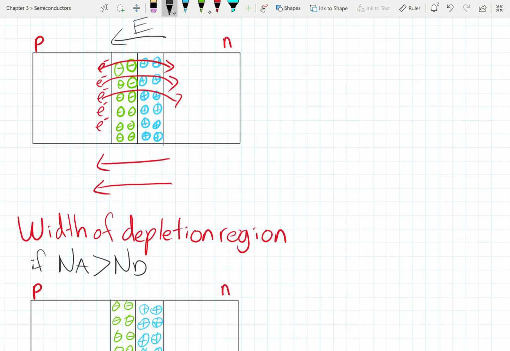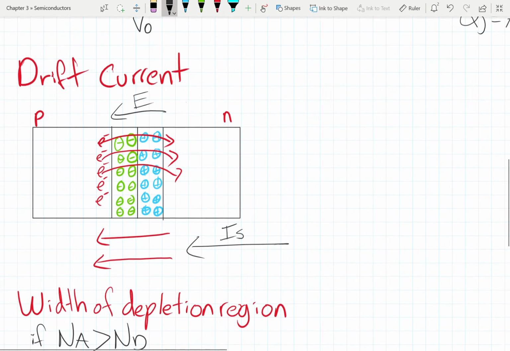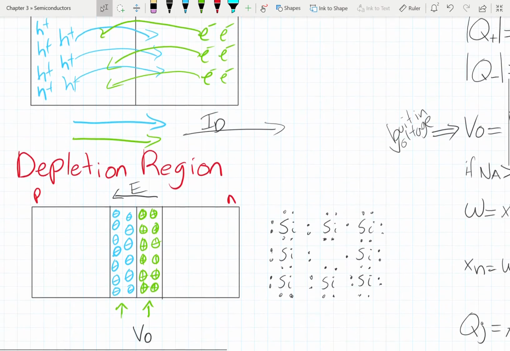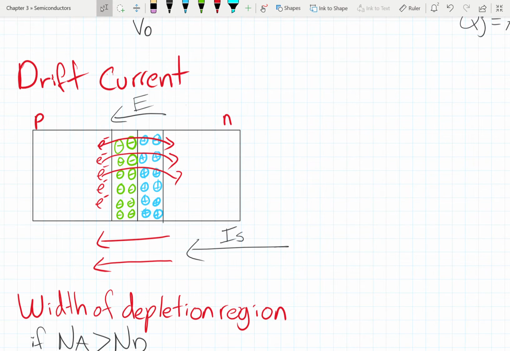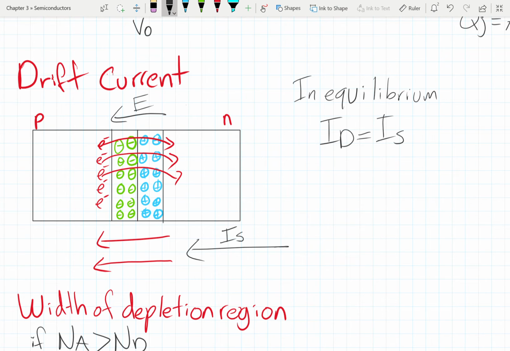So the overall drift current that I'm going to draw here is IS, and it goes from right to left. Now, as you can notice, we have diffusion current going from left to right, and an opposing drift current going from right to left. In equilibrium, because this is an open circuit, there is no other place where the current can flow, so the diffusion current has to be equal to the drift current.